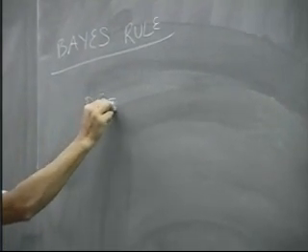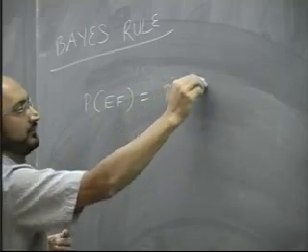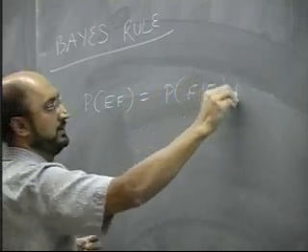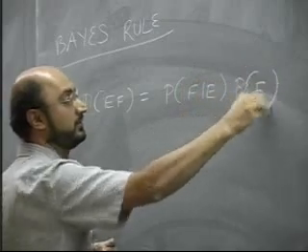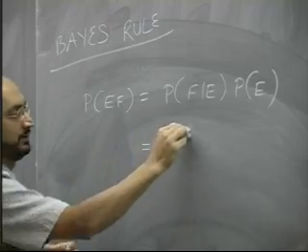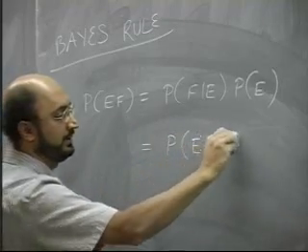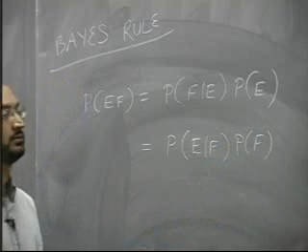We know that P(E and F) is given by P(F given E) P(E), right? But in fact, you can also write this by just interchanging E and F: P(E given F) P(F), right?